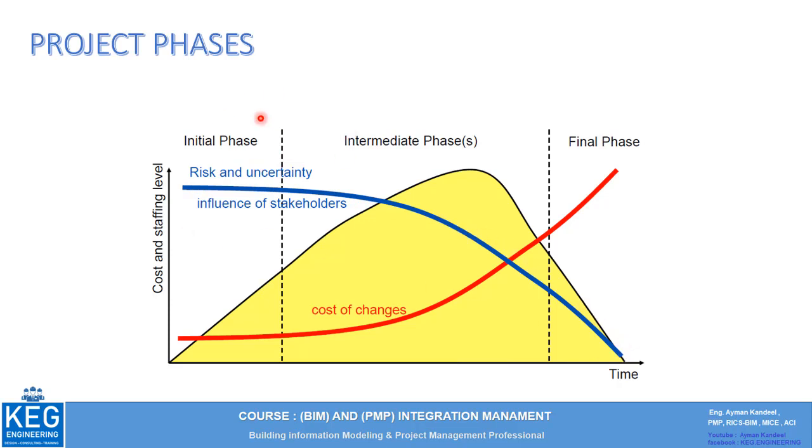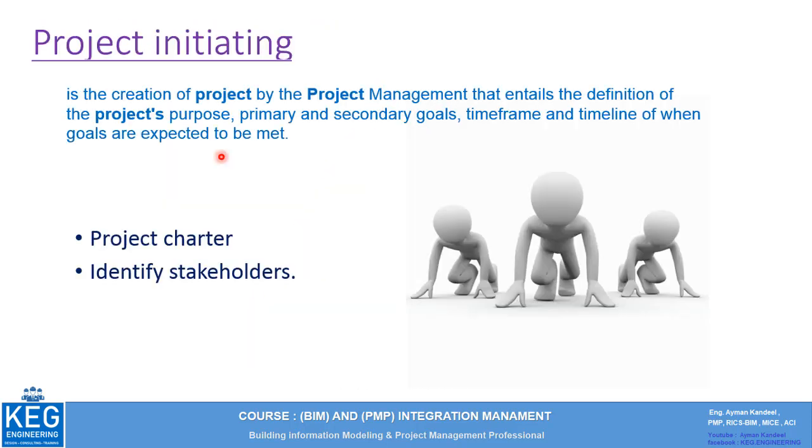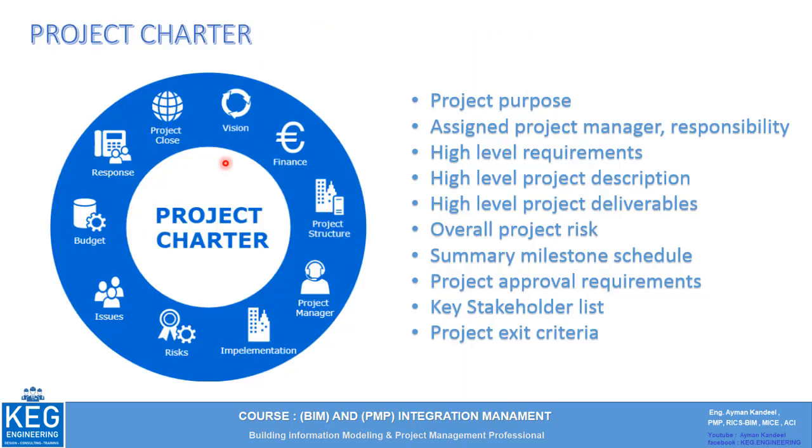So at the initial phase, we have high-level requirements about the project, which are defined in the project charter, and a high-level project description: a general description about the main target and the main scope of the project.